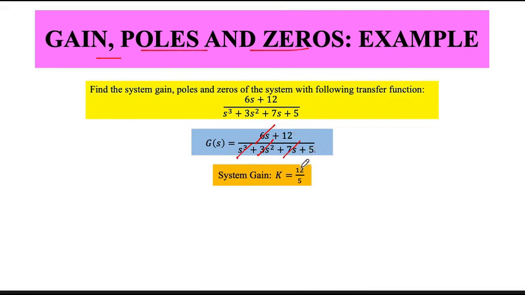Now, what are the zeros? Set the numerator 6s plus 12 to 0. This will give me s equal to minus 12 by 6, that is minus 2. So the zero of this system is minus 2.